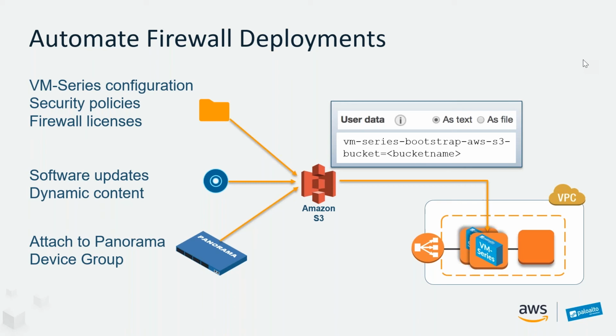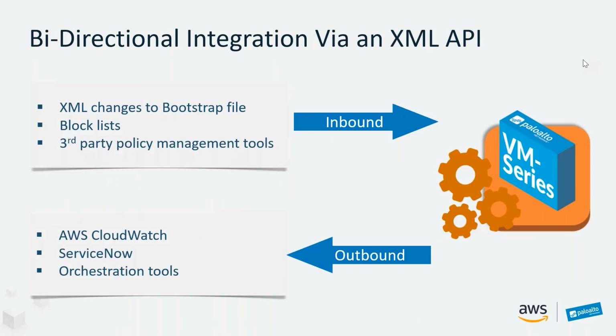You can store that golden image in an S3 bucket and then use CloudFormation templates or other automation tools to dynamically deploy the VM series firewall. This is one of the core features that REAN Cloud is going to talk about that Gigamon is taking full advantage of.